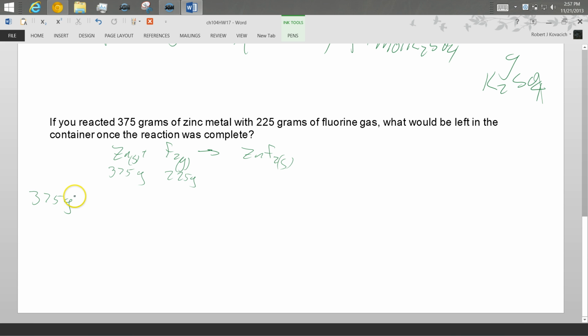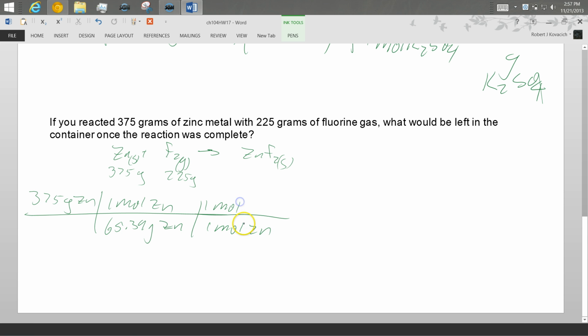375 grams of zinc. And then for every 1 mole of zinc, 65.39 grams of zinc. And for every 1 mole zinc, 1 mole ZnF2.